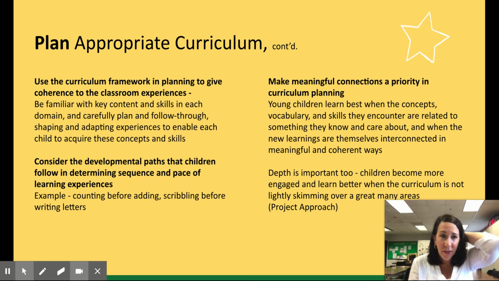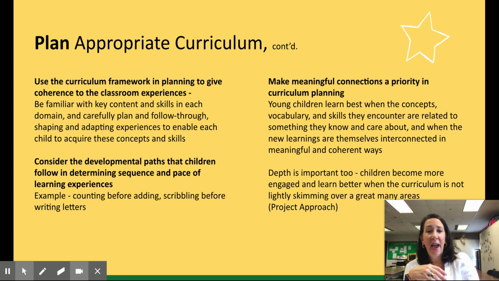Things that are happening in their life, you can bring into the classroom and use that in a science lesson, in a math lesson, or a language lesson. Thinking about how you look at the world around you and bring that into the classroom. Because the way that they are learning things is they're seeing what's happening and they're figuring it out. And so your job is to help them figure out really what's going on.